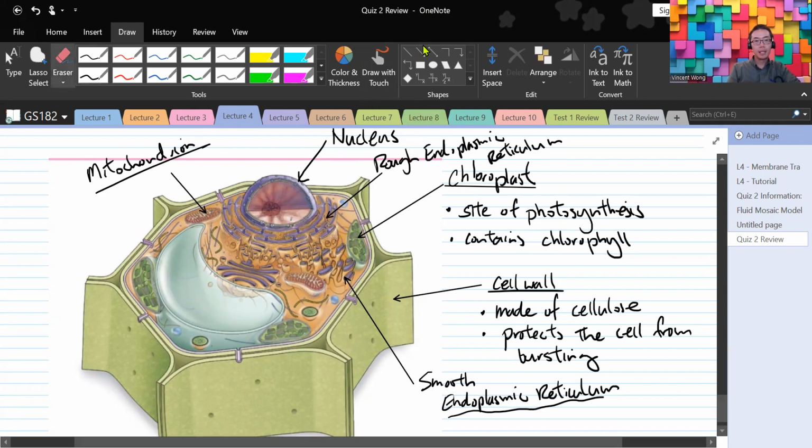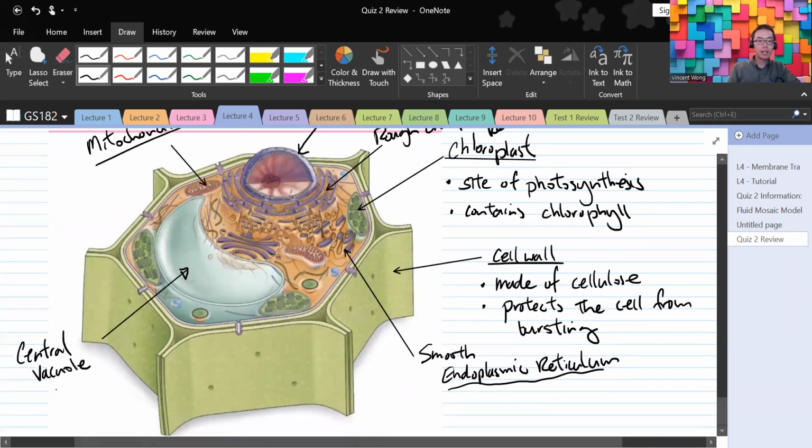There is this big structure right here in the center of the cell. That is the central vacuole. The central vacuole basically stores water plus nutrients. In some plants, it stores pigment or poison, if we're talking about a poisonous plant.